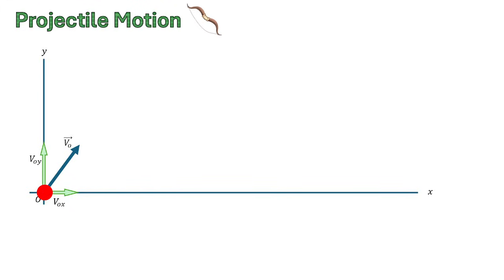So let's say we have a ball with an initial velocity at point O, and we have this also at time 1. We have velocity 1, with its components, and we have our velocity 2.